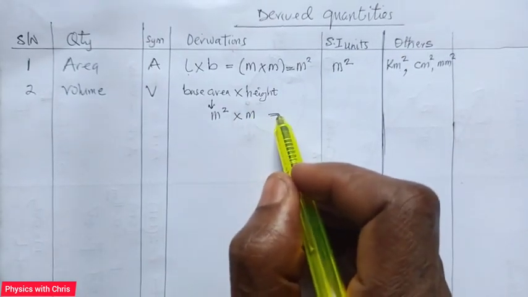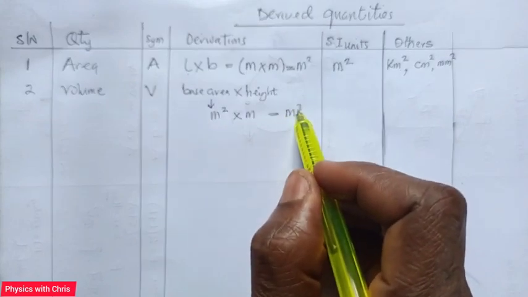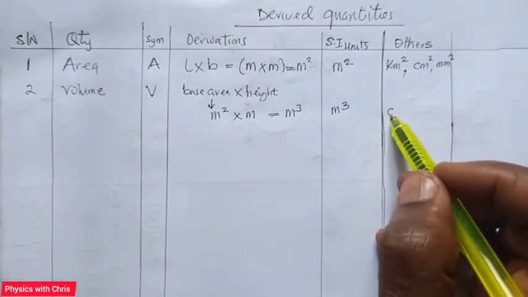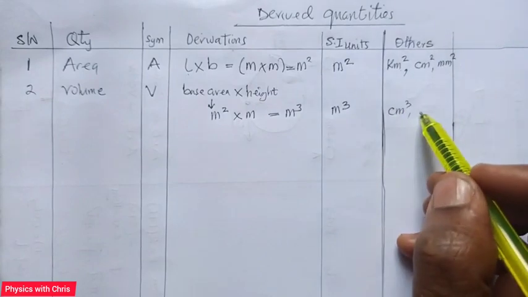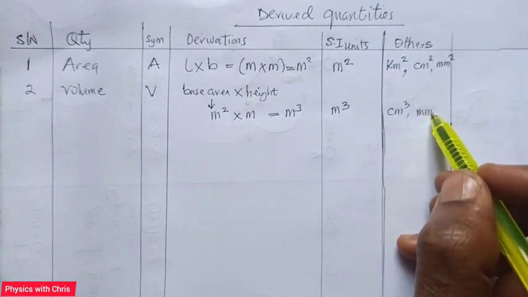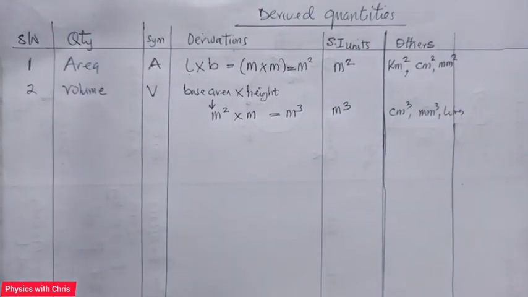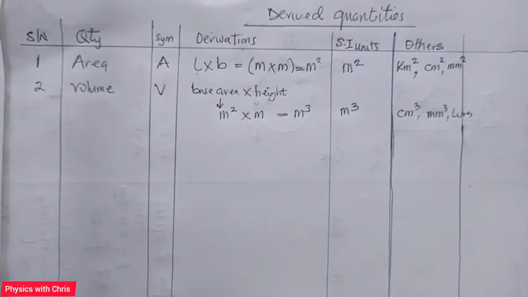So that gives me the unit of volume as meter cubed, and meter cubed is the SI unit of volume. You can also have volume in centimeter cubed, in millimeter cubed, and so on, even in liters. This one applies to the capacity of a container, which is always expressed in liters.